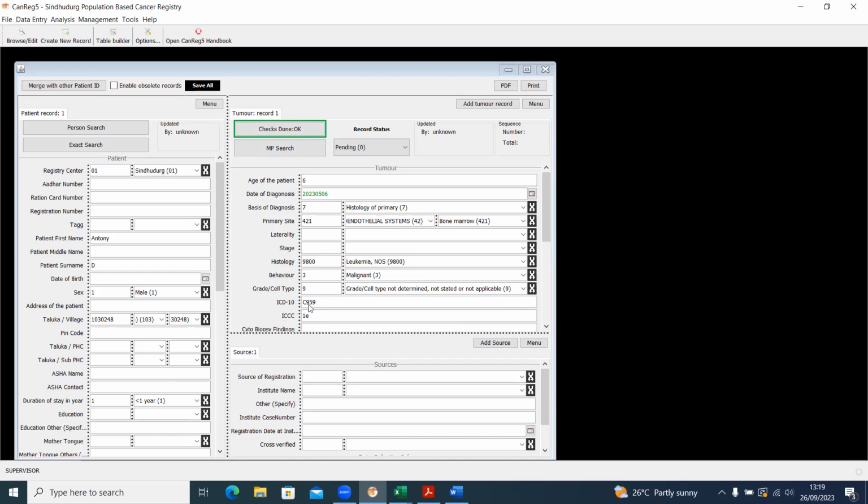So this is the code which you will be using for calculating the pediatric cancers. If anybody is having any doubts, please type it in the chat box, or you may unmute and ask the doubt.